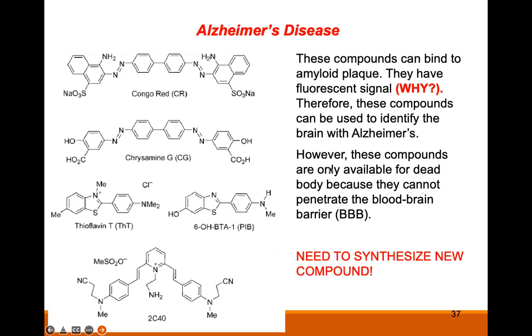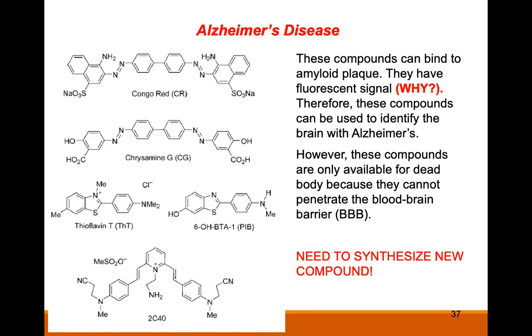These compounds are only available for dead bodies, because the brain has what we call the blood-brain barrier. Why? Because it is supposed to block unwanted bacteria or whatever that we don't want to enter the brain.